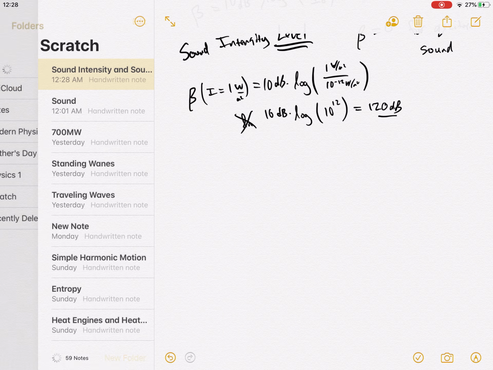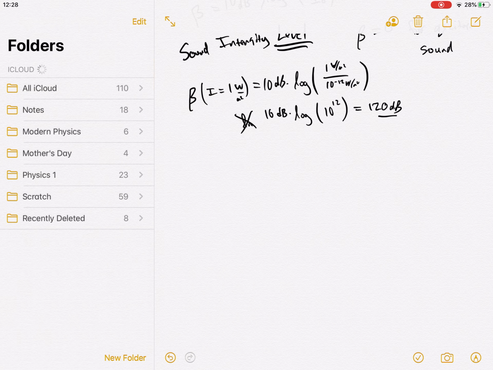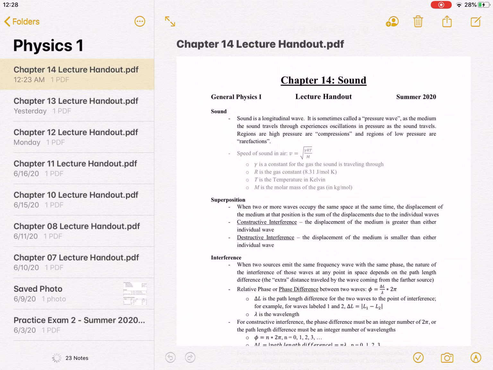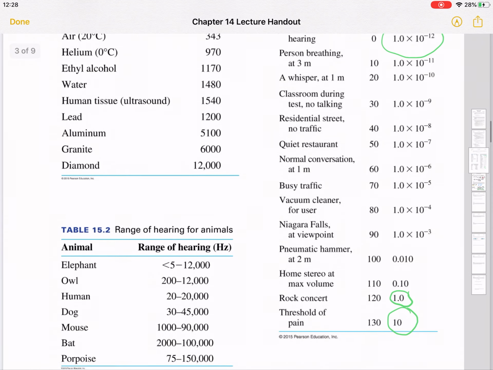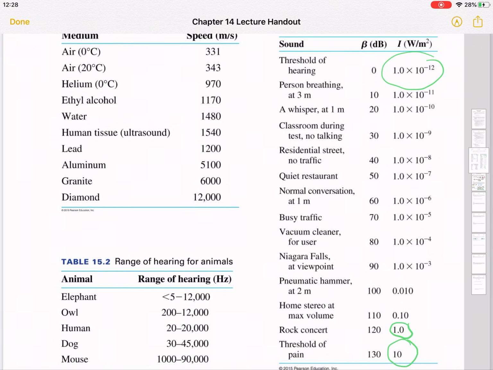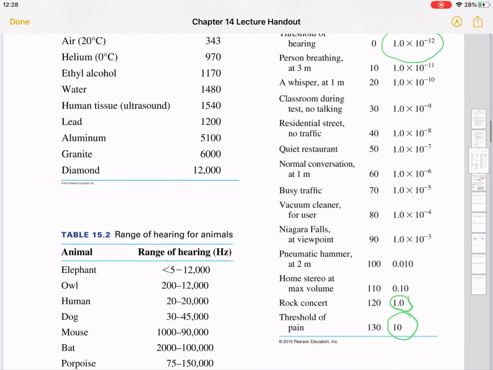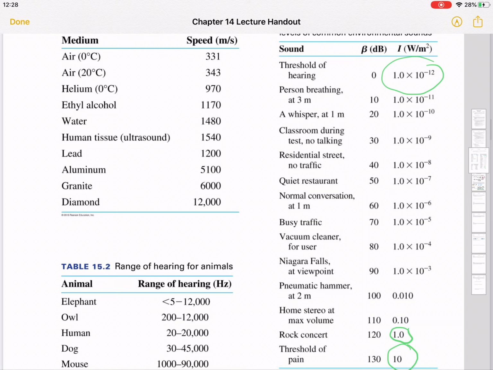And in fact, if we go back to the handout, to these tables, you see the threshold of human hearing, beta is going from 0 to like 120 for a rock concert, 130 for the threshold of pain. So yeah, like 0 to 100-ish. That's a great scale.